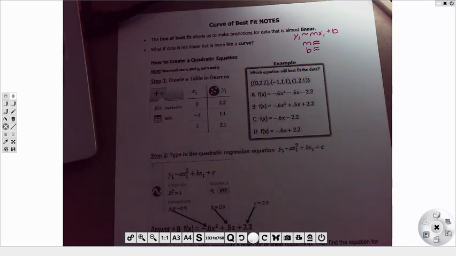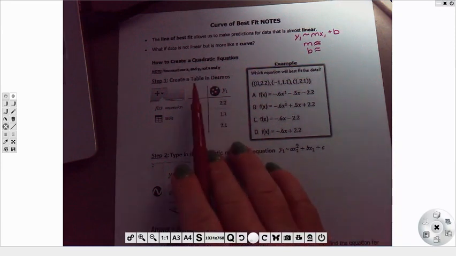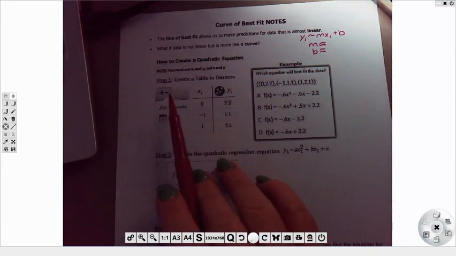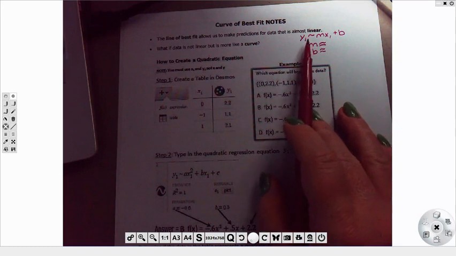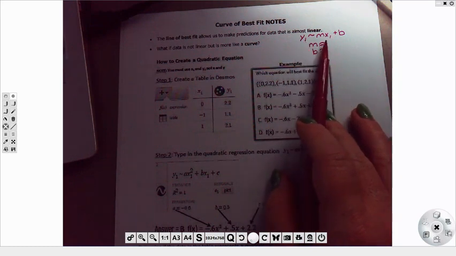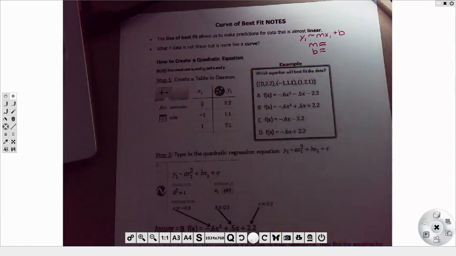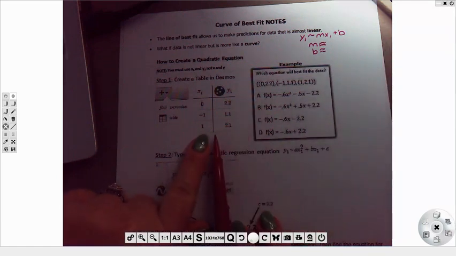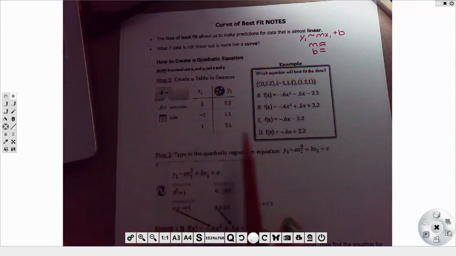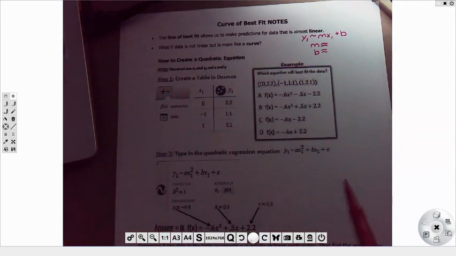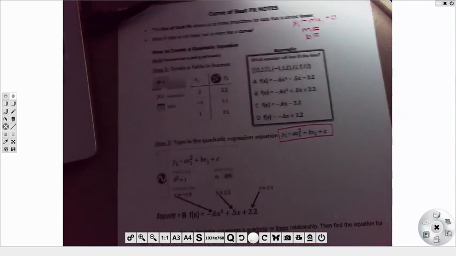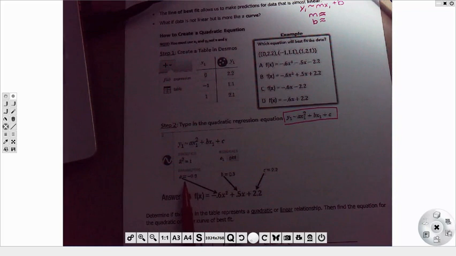So, how to create a quadratic equation. Okay, now one thing to keep in mind, just like with linear, we need to identify that as y1 and x1 because we're doing our table. So if we were to put this table into Desmos and type in this quadratic equation, Desmos is going to tell us instantly what that A, B, and C is.